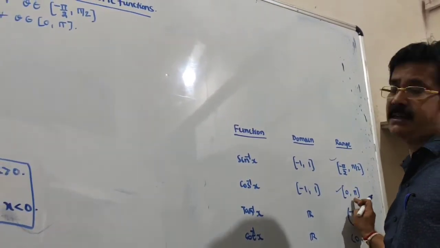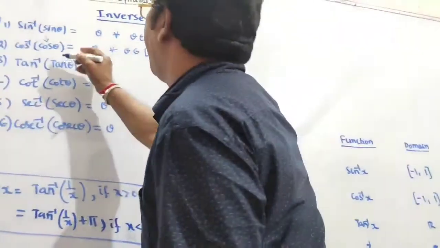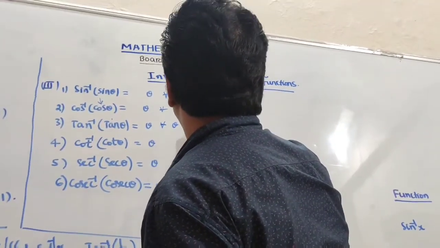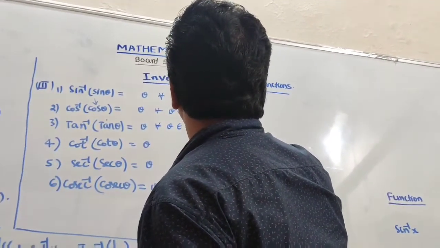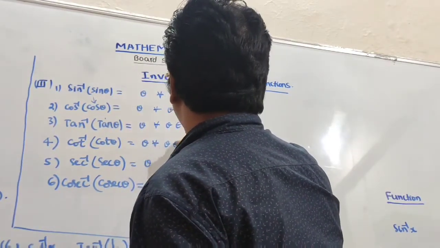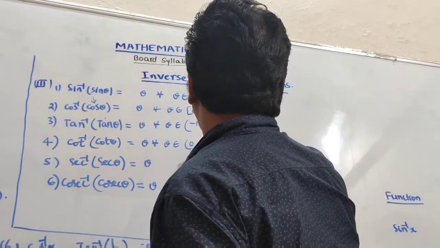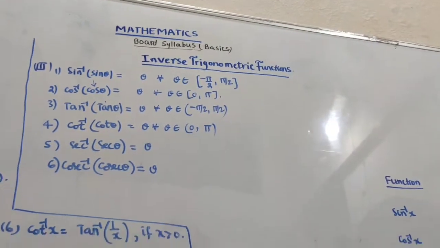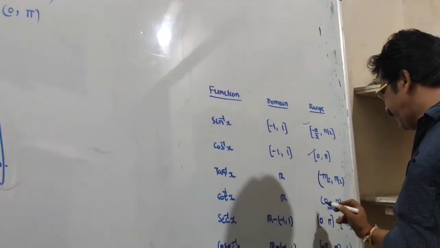Similarly, tan is bijective for all theta belongs to the open interval of minus pi by 2, plus pi by 2. Next, for all theta that belongs to the open interval of 0, pi, cot theta is bijective.